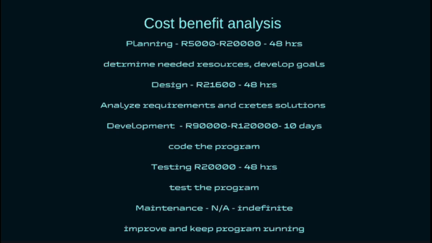Designing can take a different amount of money based on the resources you're using and based on the help you might have enlisted. So designing can take somewhere around 21,000 if you include getting a UI designer who's going to be designing certain things about your app, and a person who knows how to design web apps.